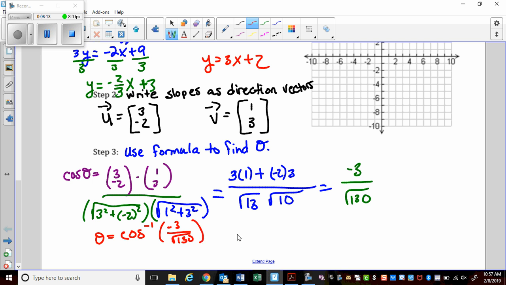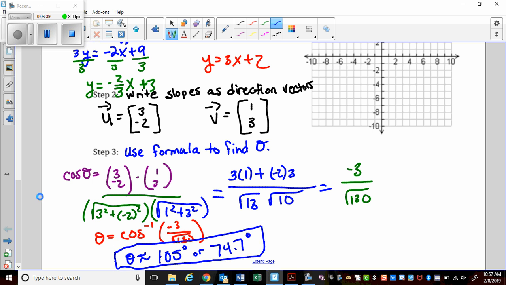Just put it into your calculator. Make sure you do the second cosine, and we should get theta. Our angle is about 105 or 74.7. Try it out and let me know if I'm right. Okay? That's what we wanted.